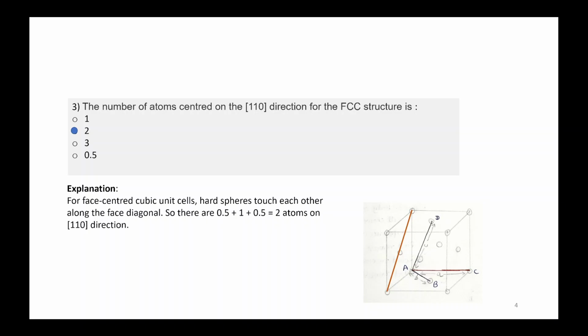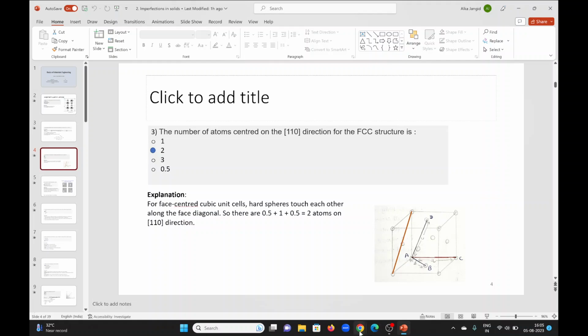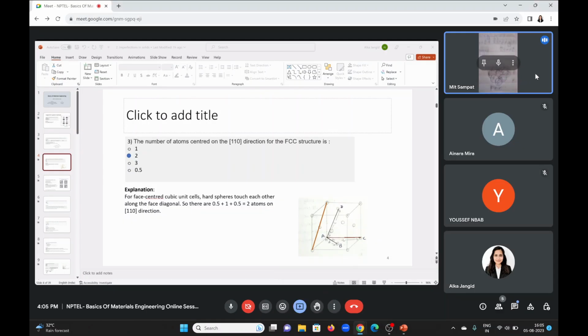Will it be like that? Yeah, it will be something like that. C and C will be similar, but the other two will be different, with B and C in between.